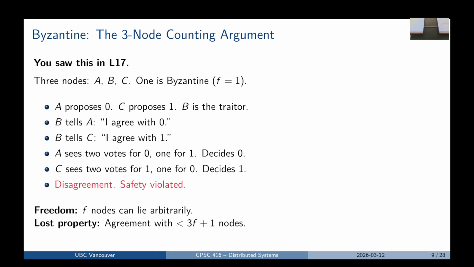So if we allow up to F nodes to be Byzantine, we cannot ever have agreement with less than 3F plus 1 nodes. We need at least 3F plus 1 nodes to have agreement. That plus 1 is exactly what you said, which was it's the quorum intersection. We need that one extra honest node, and then we can actually reason about it.